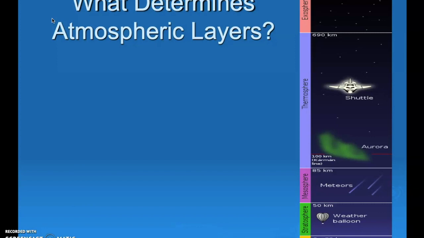So moving on, what determines atmospheric layers? What I want you to do is picture a layer cake, and that's how our atmosphere is made up. It's made up of different cake layers with icing layers in between that separate each of the layers as you travel upward.